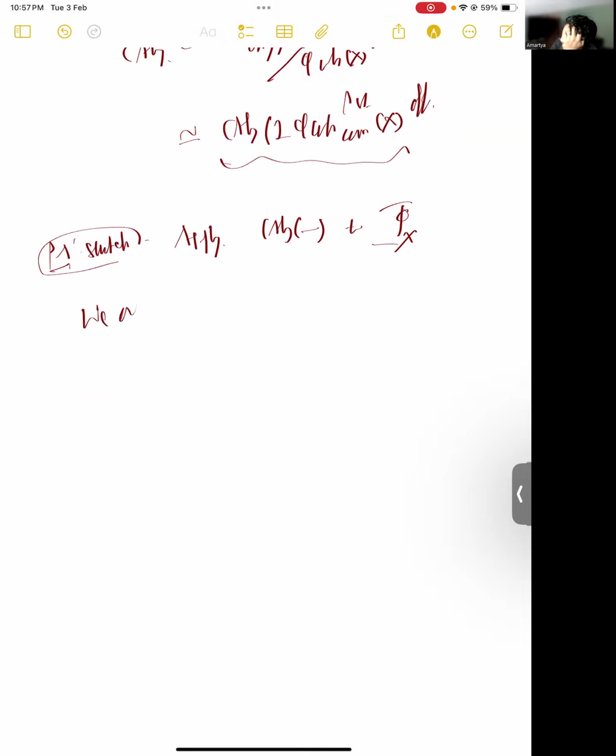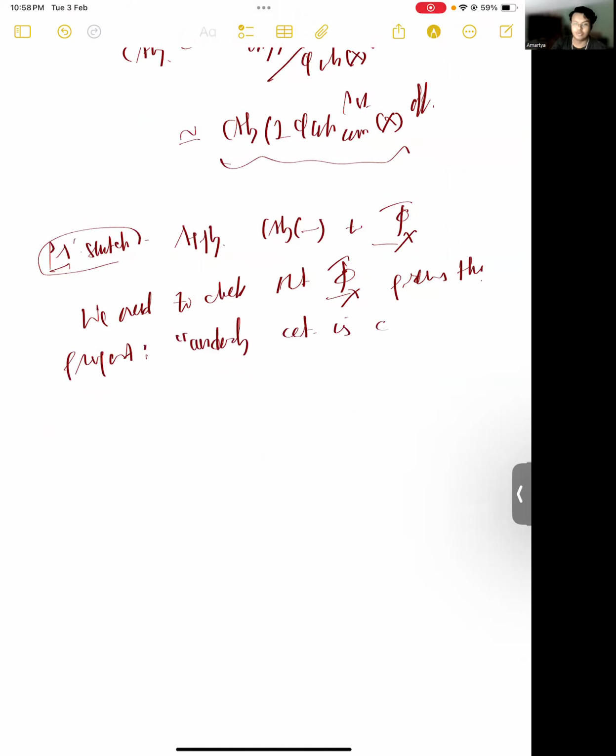So we need to check this phi x preserves the property. The property, let me write it like this: underlying category is Q-coh ZCN for affine Z. So this is the property. Now this follows from the following lemma.